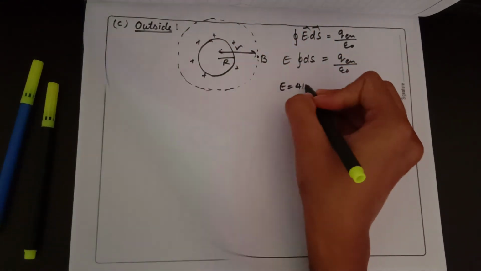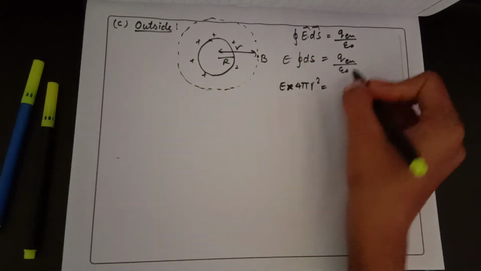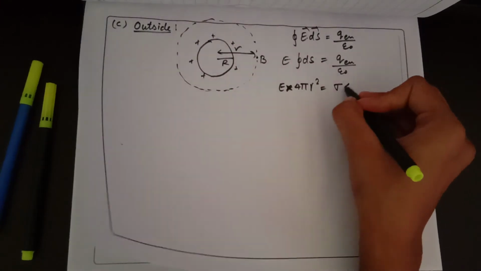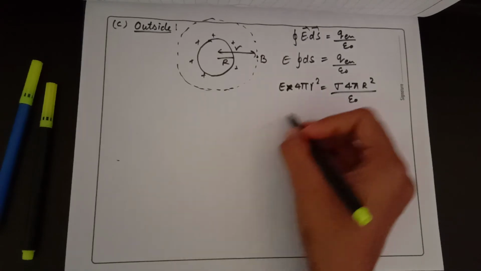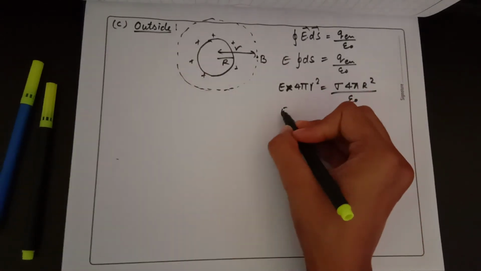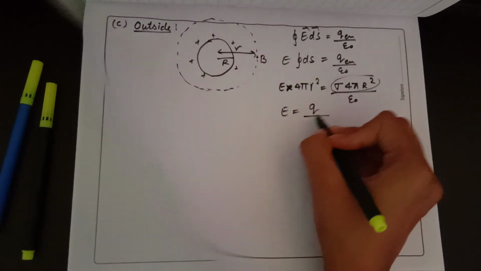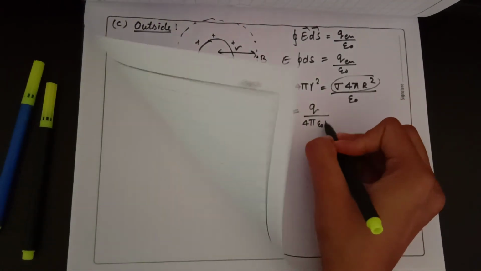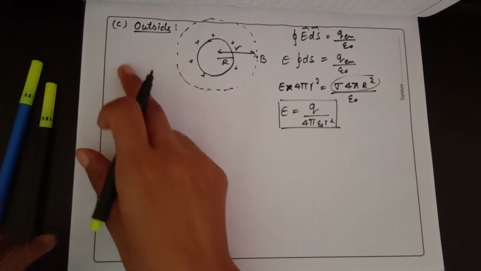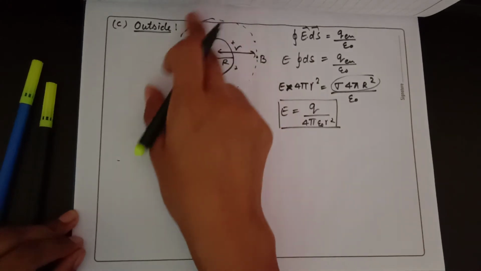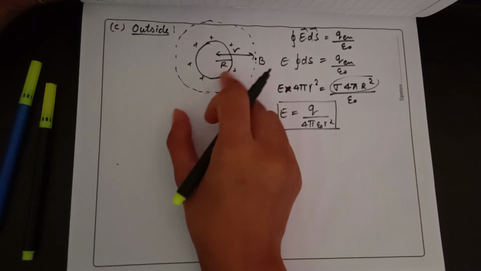It is 4 pi small r square, and Q enclosed is sigma 4 pi capital R square divided by epsilon naught, or I can write this whole as Q only, so E is Q divided by 4 pi epsilon naught r square. So this is the formula when the point is situated at any point outside the conducting shell.